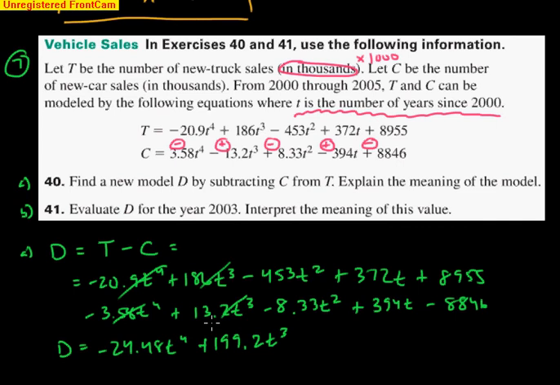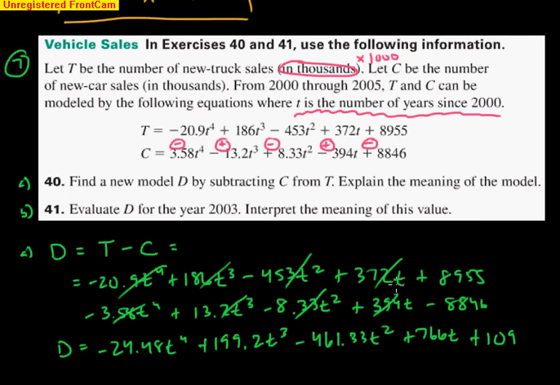Negative 453 minus 8.33 gives us negative 461.33, and that's T squared. A 372 plus a 394 gives us a 766, and that's T. And then an 8,955 minus an 8,846 gives us a 109, and that's positive. And there's your D model.